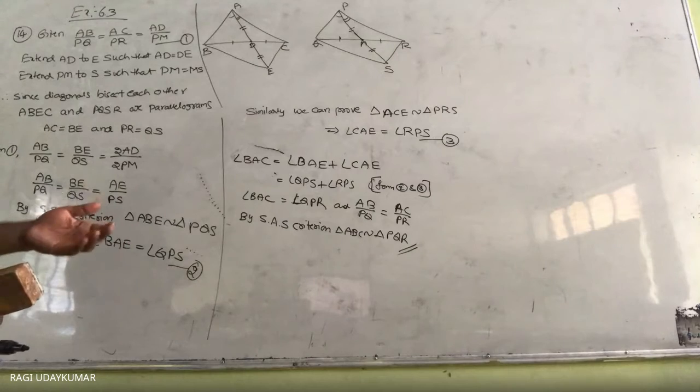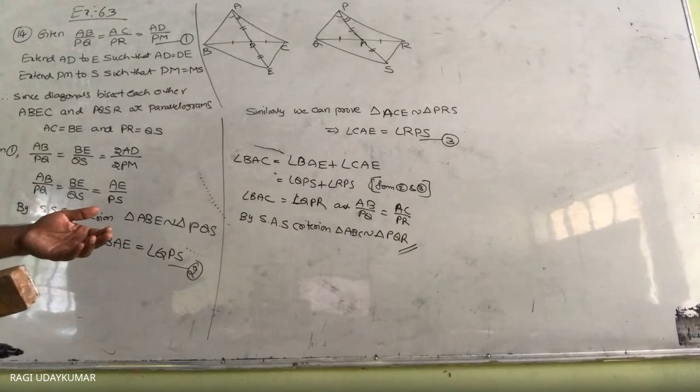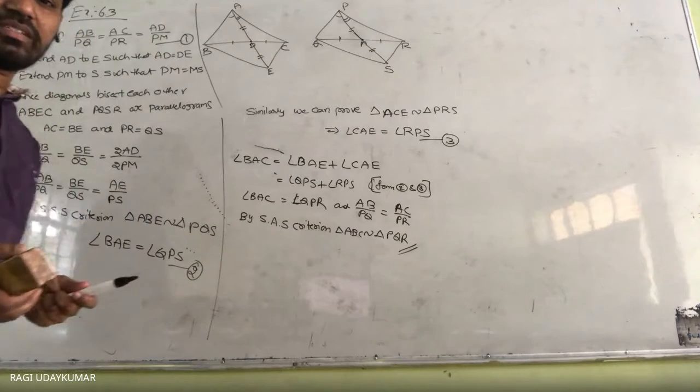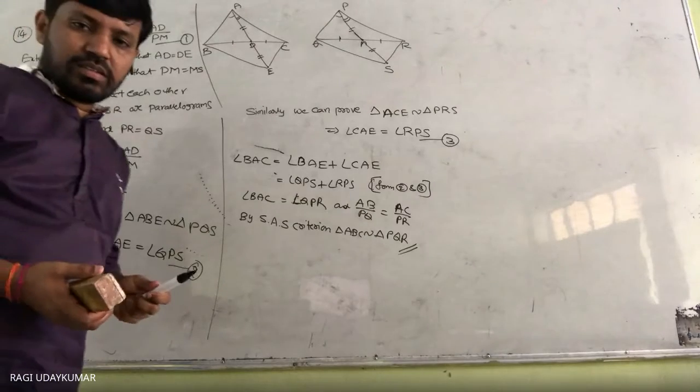Antika: so the line where you have written AB by PQ equal to BE by QS equal to 2 AD by 2 PM. Your voice is not clear. Once again, sir.